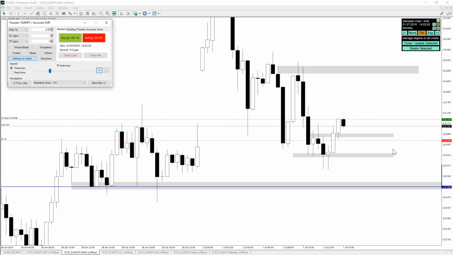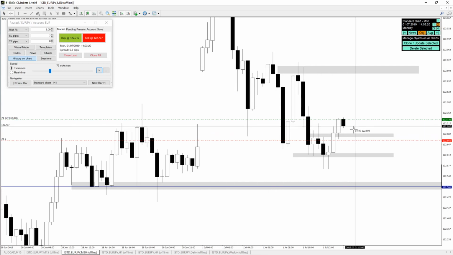So let's say you're using dynamic risk, right? Just for explanation purposes, I'm going to say that in this trade we're going to use 3% risk. If you're using dynamic risk, as price is retracing, let's say you only have 2% in.